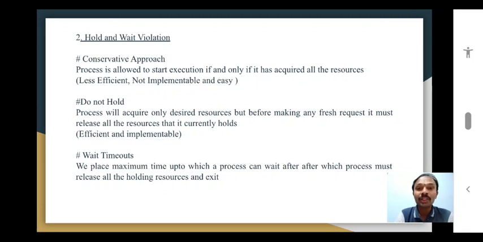We are using three different methods for hold and wait violation. The first approach is known as the conservative approach. What we are doing here is, a process is allowed to start execution if and only if it has acquired all the resources.